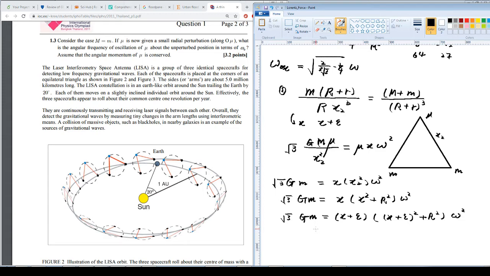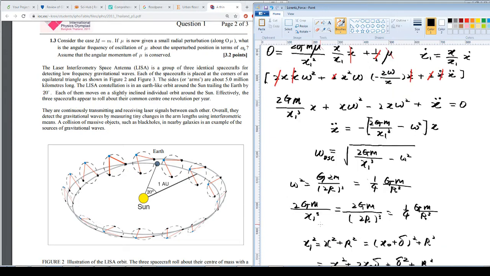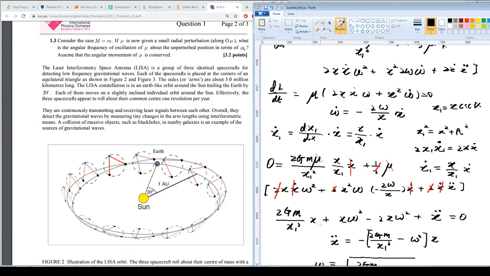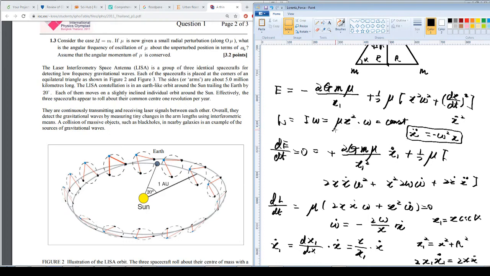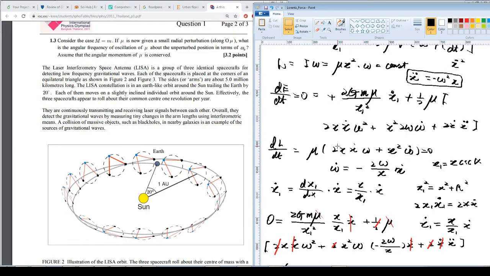And conservation of angular momentum still implies the same thing. Just copy that down here. Did I do the derivative of angular momentum correctly? 2x dot omega x squared. Yeah, so that's okay.